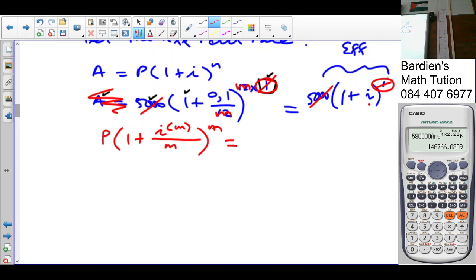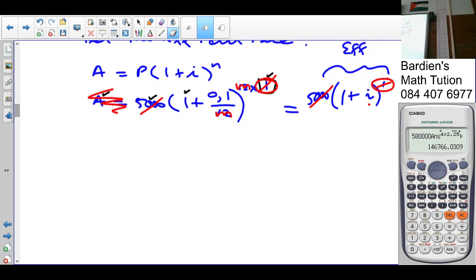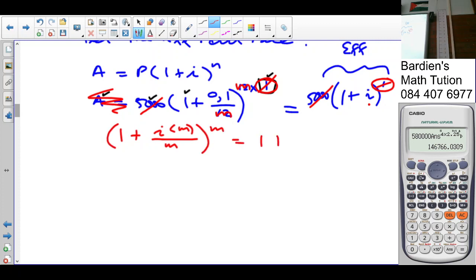That would be simply 1 plus I. Remember, that would be your P on the outside as well, but at this point we're going to drop the P. Our formula now will be simplified into 1 plus I over M, where M is your compounding, to the exponent M, is equal to 1 plus I effective. Let's call that effective. Okay?